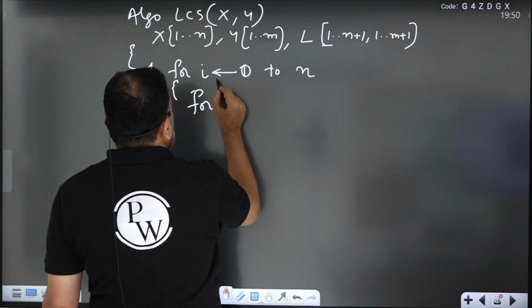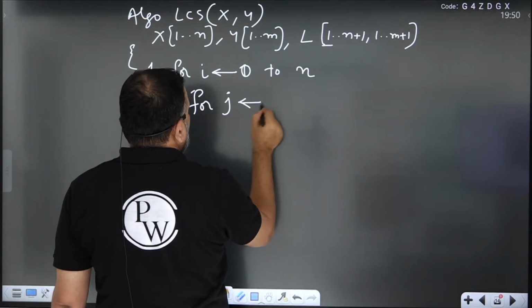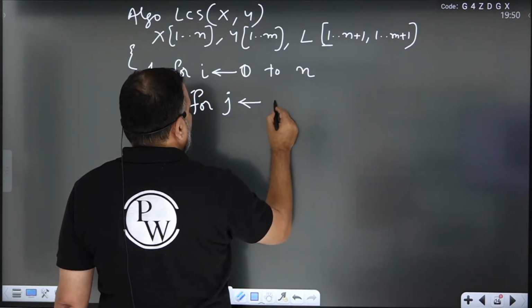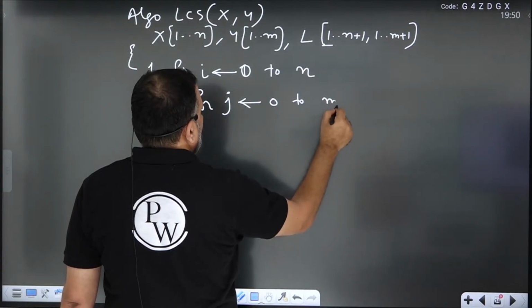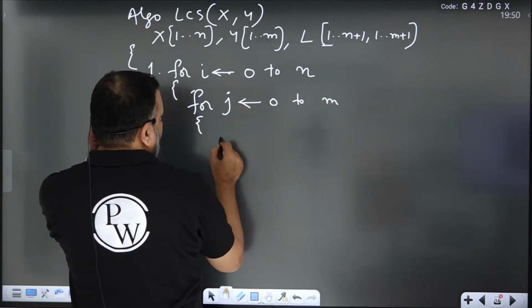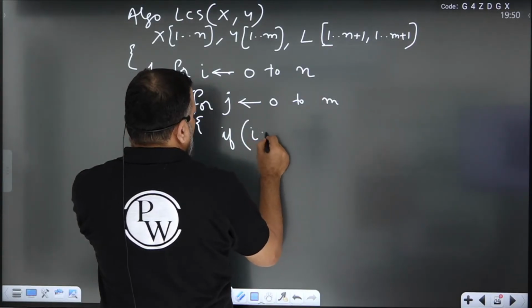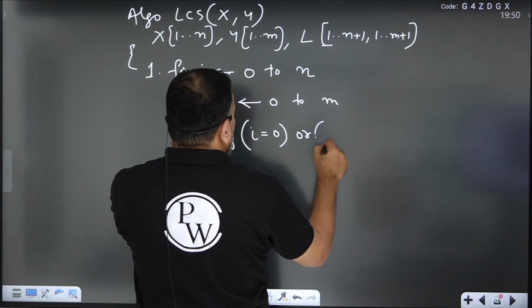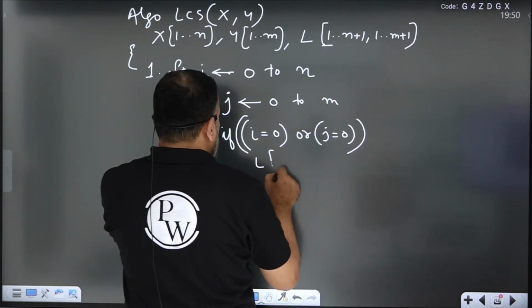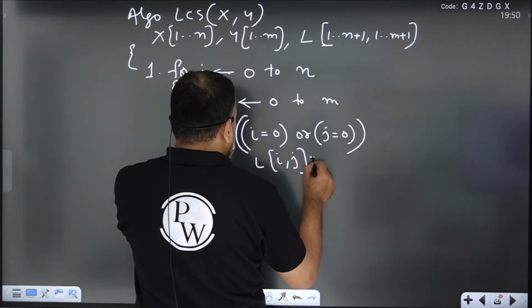For j is equal to 0 to m. Then what should I do? If i is equal to 0 or j is equal to 0, then what should I write? L of i,j is equal to 0, is it not?